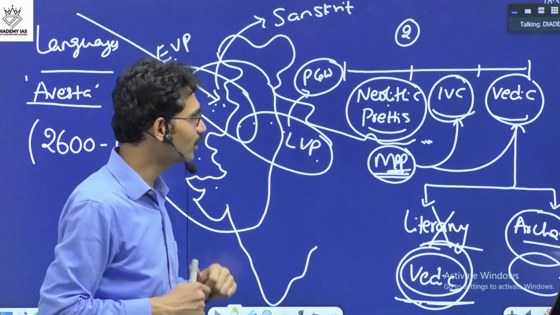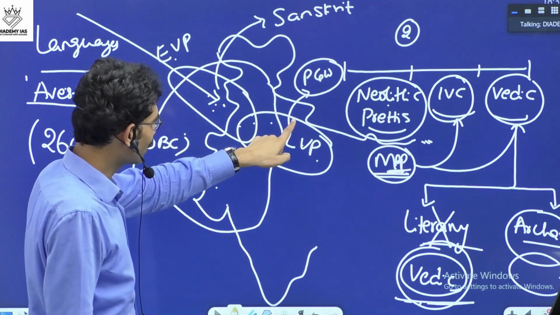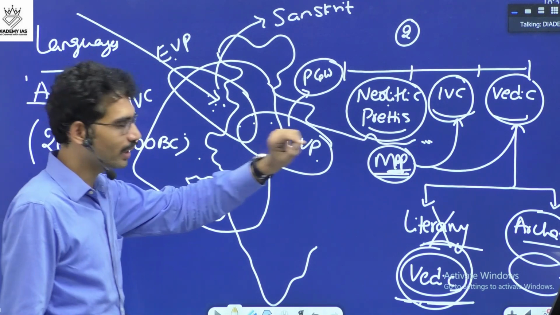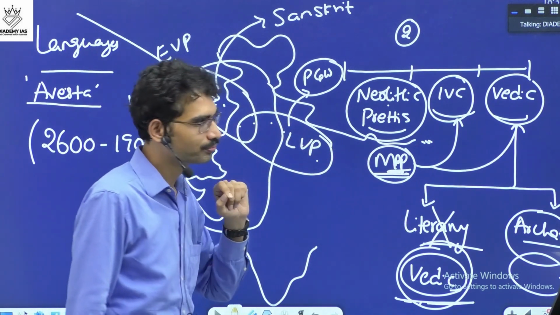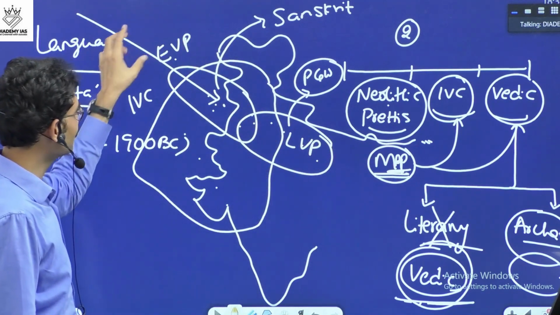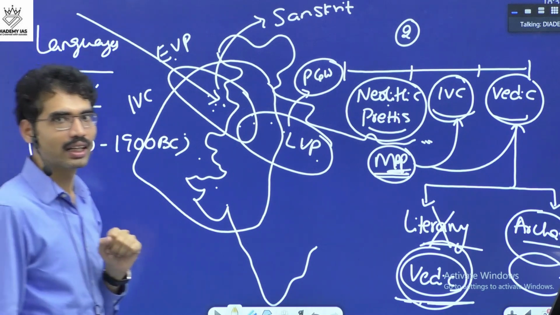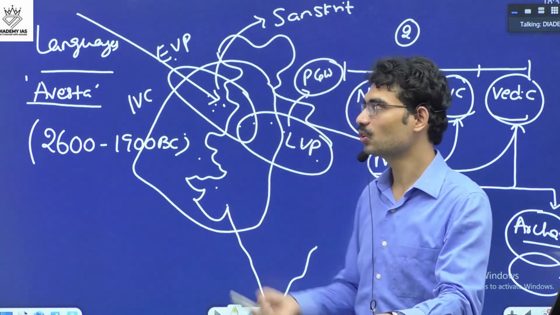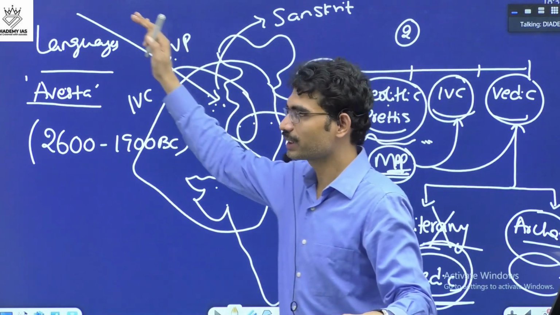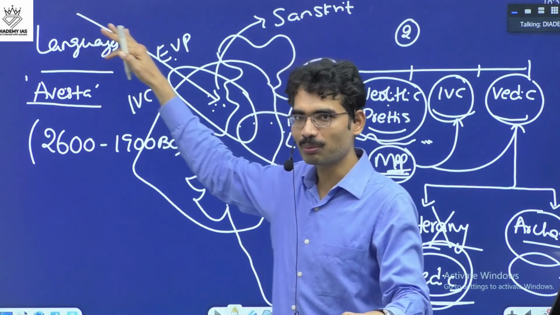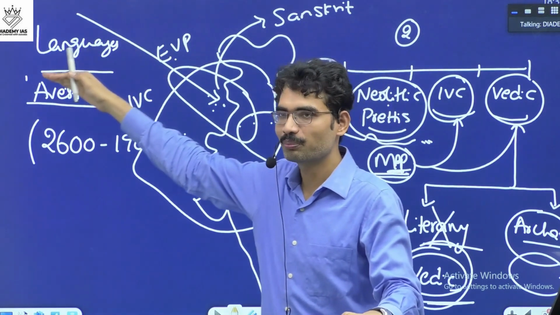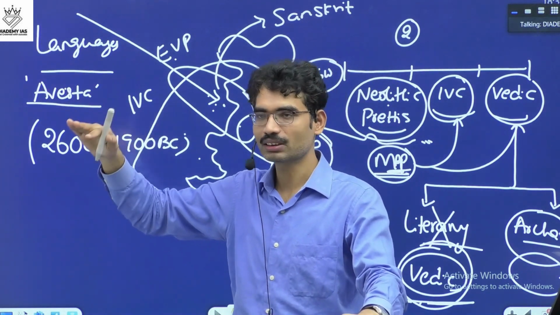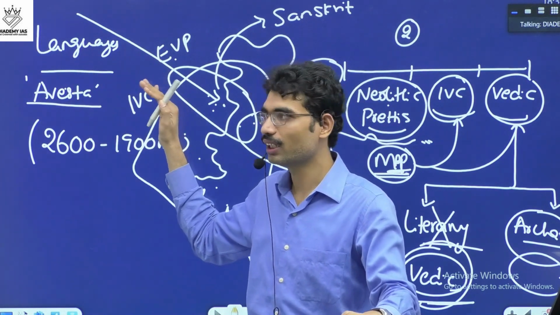So based on all these things, the archaeological evidence, pottery giving a certain time period, language comparison giving certain evidences, we are able to conclude that somewhere from the Central Asian steppes, Aryan people migrated, different branches migrated to different places. One branch came to India also.